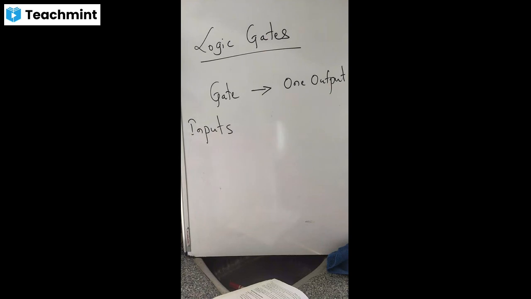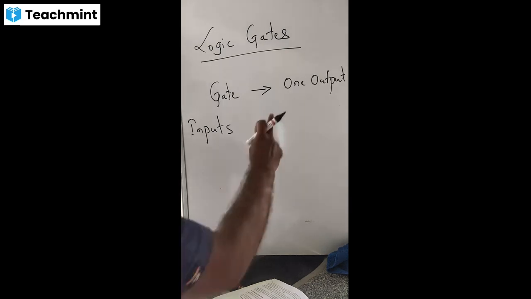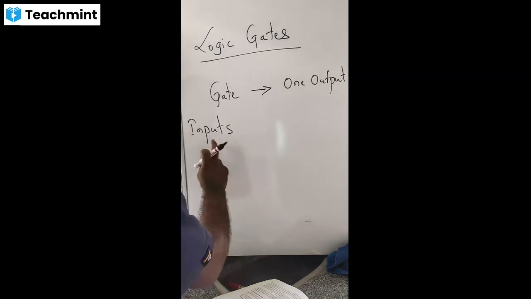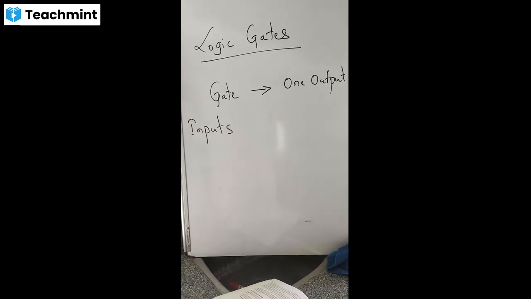So be careful: when I say electronic circuit, it will have electronic devices, passive elements or active elements, all of which are used to design these gates. You are going to have only one output, but there is no restriction on inputs. Input can be one or even more than one.